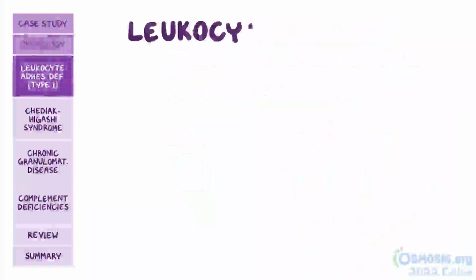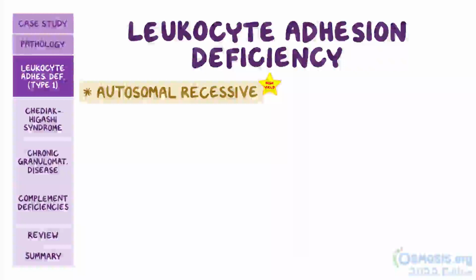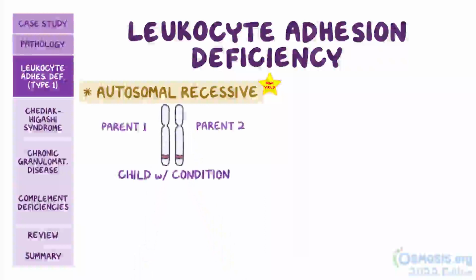First, we have leukocyte adhesion deficiency, which is an autosomal recessive disorder, meaning that an individual needs to inherit 2 copies of the mutated gene, one from each parent, to develop the condition.